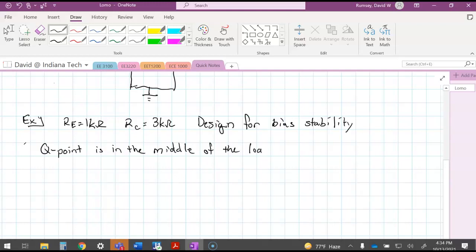In fact, I'm going to change the report so that it's identical to this, meaning that instead of giving you a current, I'm going to have you design for the middle of the load line. To remind you, a load line is something that always has the same shape.